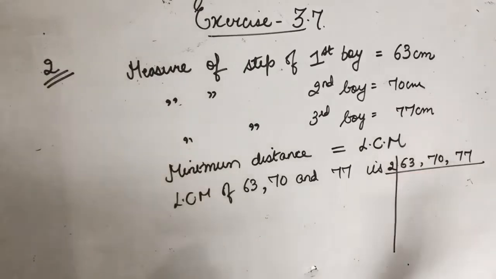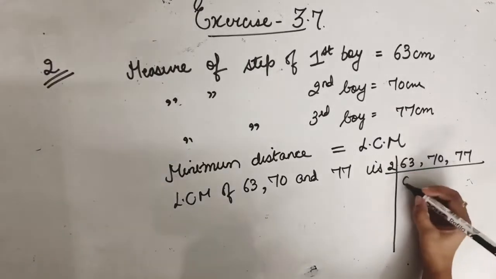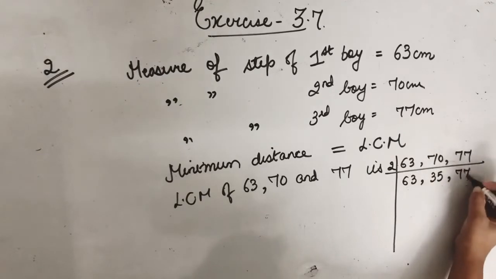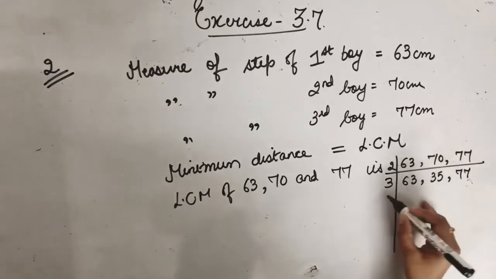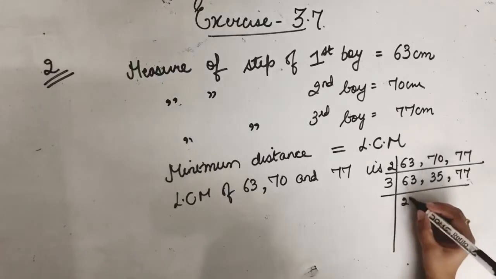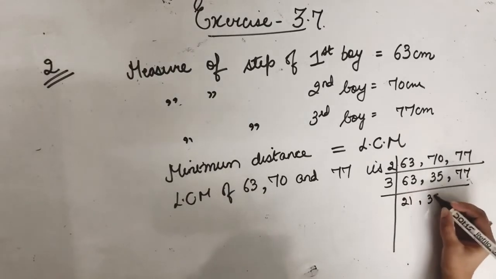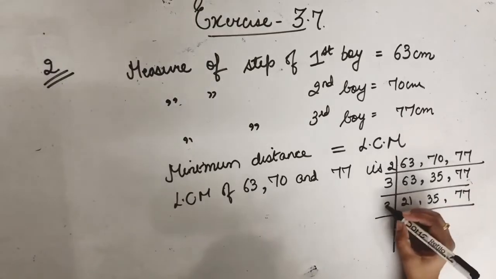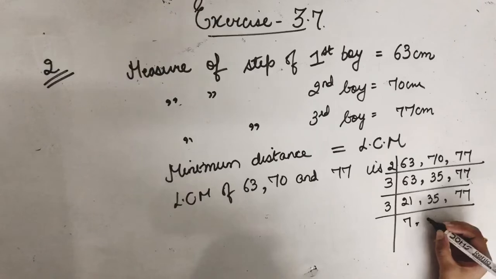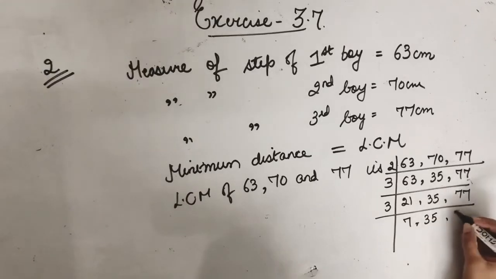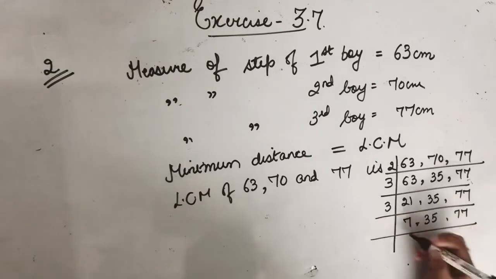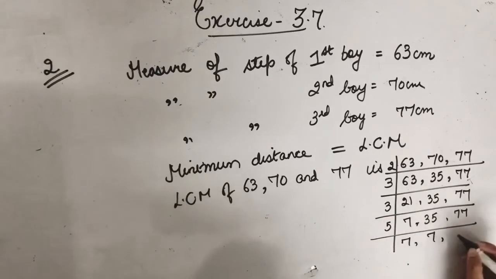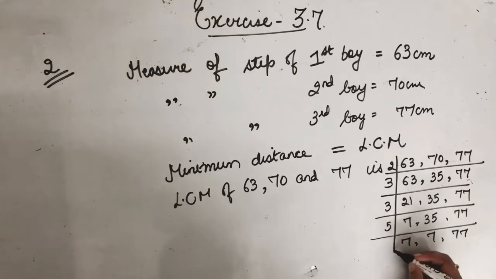First you will go with 2: 63, 35, 77. Then with 3: 21, 35, 77. Again with 3: 7, 35, 77. Now with 5: 7, 7, 77.